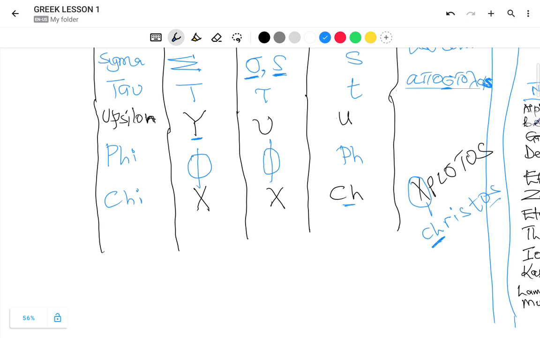All right. The last two letters of the alphabet, let's extend this just a little bit so we can finish, is psi. Now psi, the way it's written, think of writing something like that, of course without this part here, that's not part of it, and then cutting like that.